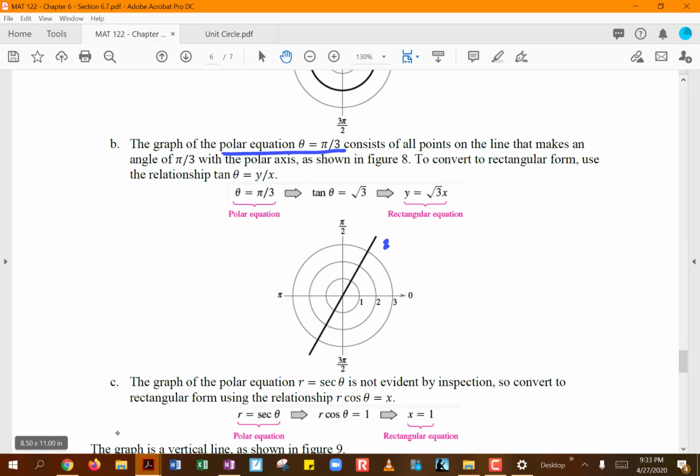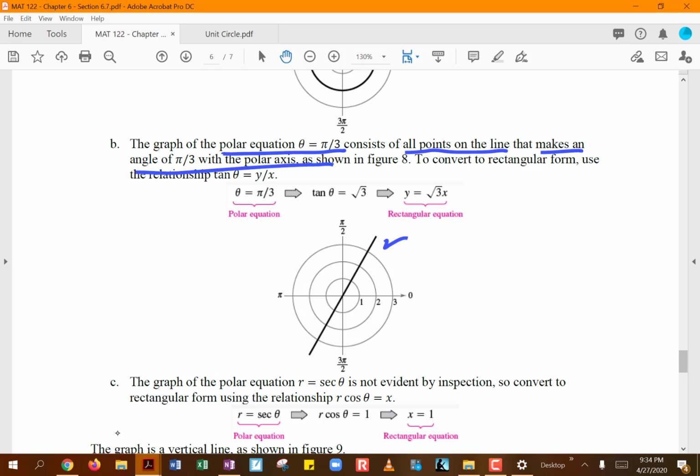So that's why they're coming up with this line. So they're saying the graph of the polar equation theta equals pi over 3 consists of all points on the line that make an angle of pi over 3 with your polar axis. And remember that positive x-axis is your polar axis.